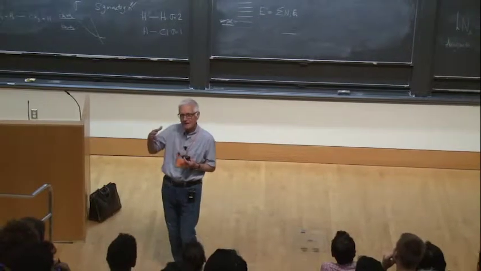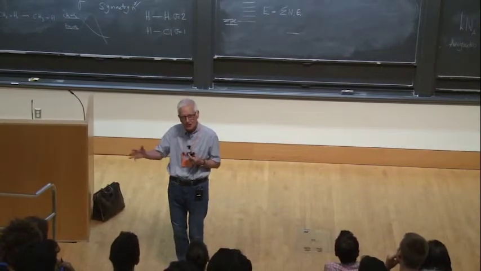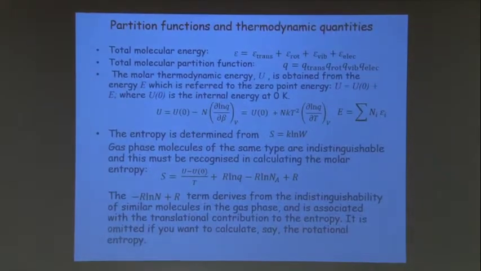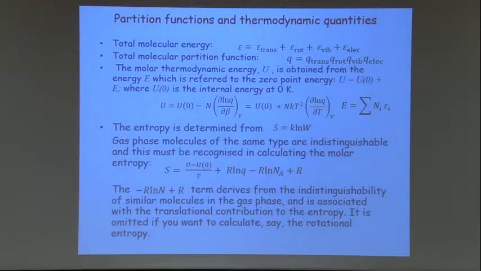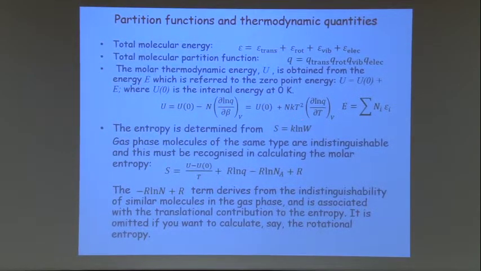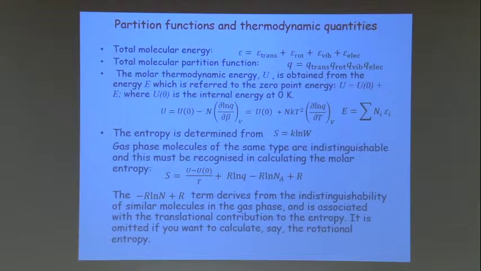But we associate that indistinguishability with a translational motion. So if we want to differentiate between the translational entropy, the rotational entropy, the vibrational entropy, then we associate this term here only with translation, and we would remove it when we were calculating the rotational entropy. So a detail, but an important one.